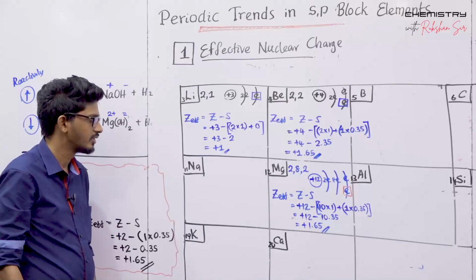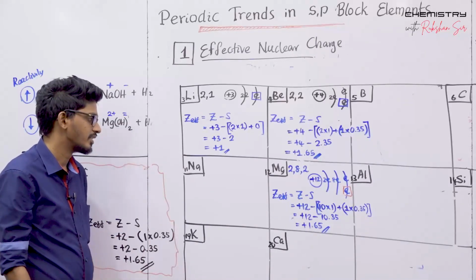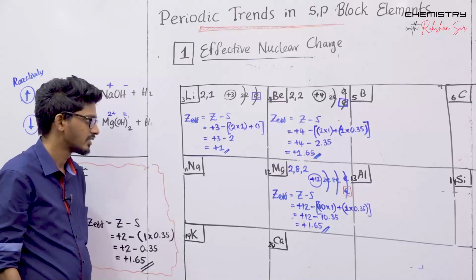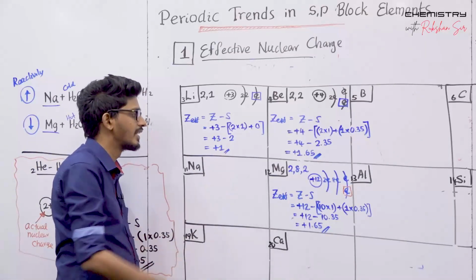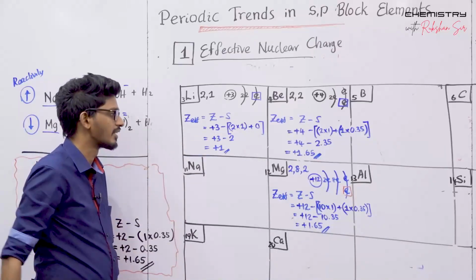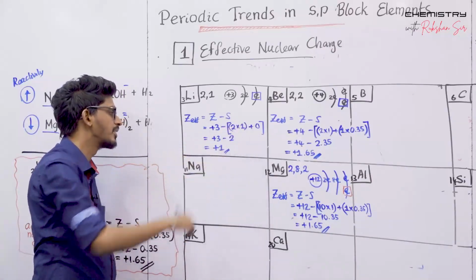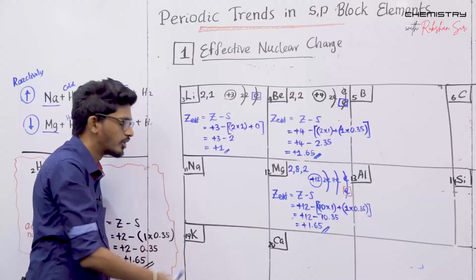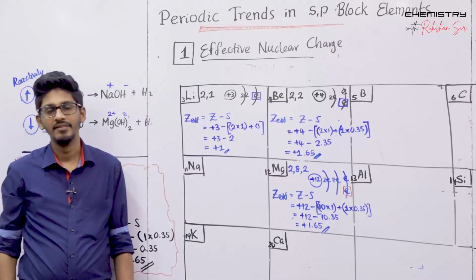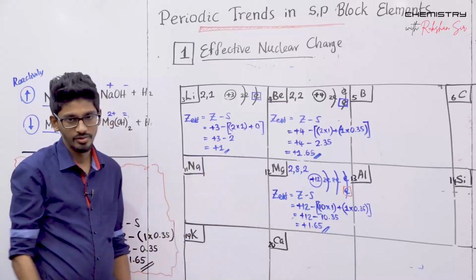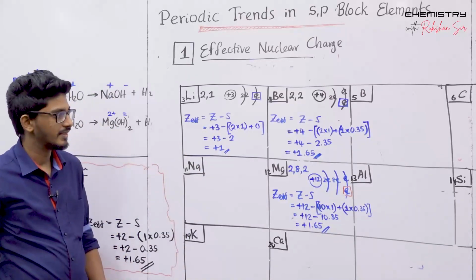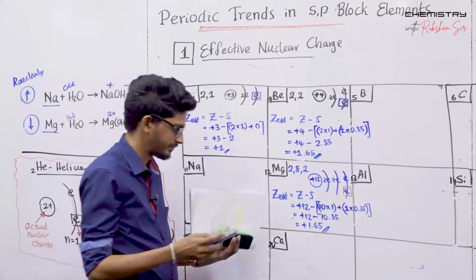Then we can see what the trend is going towards the right of a period, and what the trend will be going down a group. We can discuss that only if we get these values. Let's continue.